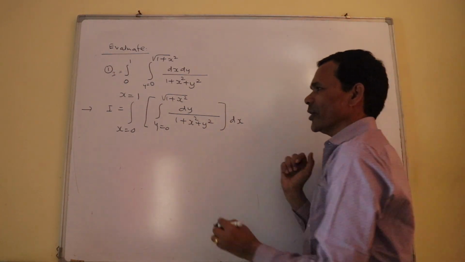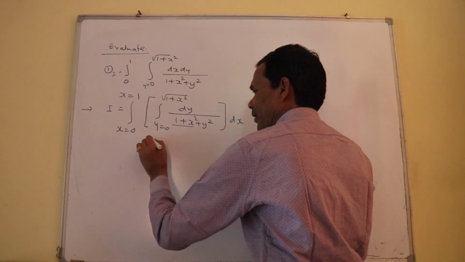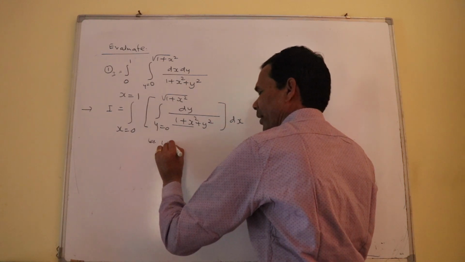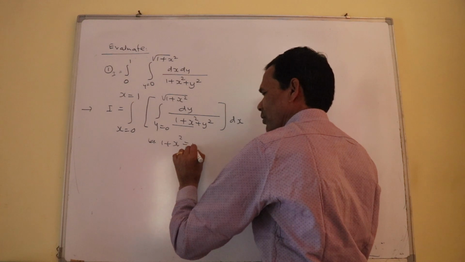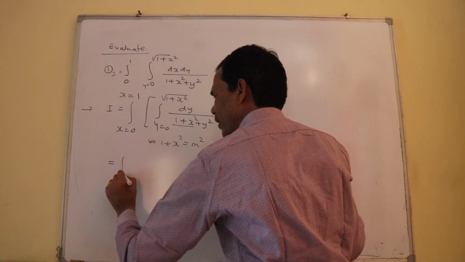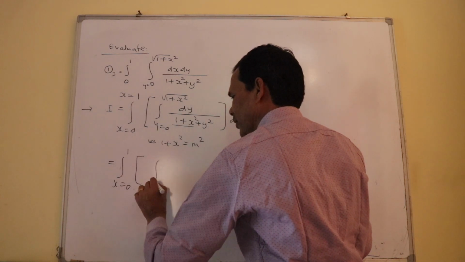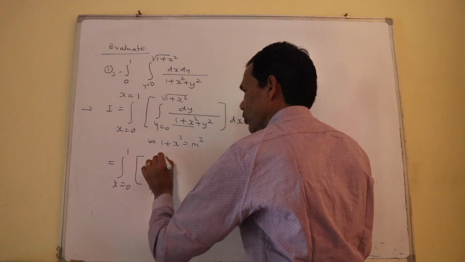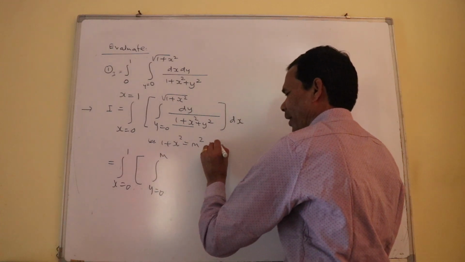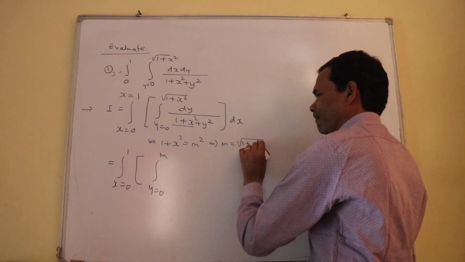Now x is constant, so I will consider this as a constant. Let 1 plus x square be equal to some constant, so I consider this as m square. This is a temporary constant, x is equal to 0 to 1. So I write once again y is equal to 0 to m, because m is equal to root of 1 plus x square.